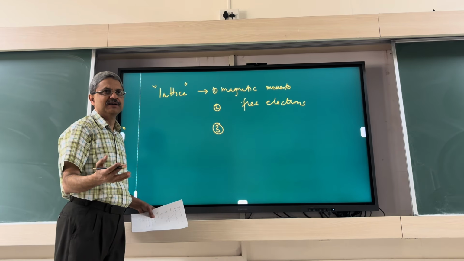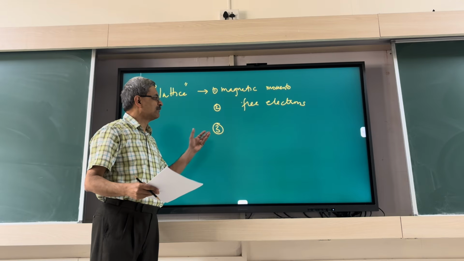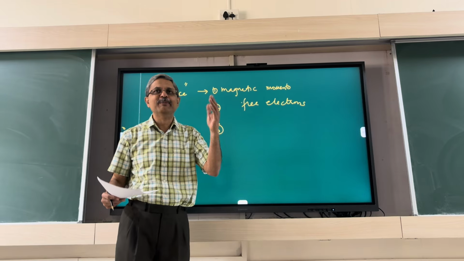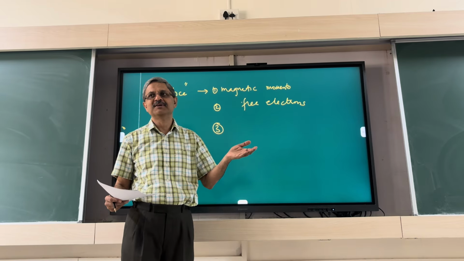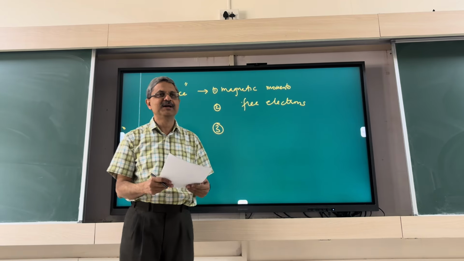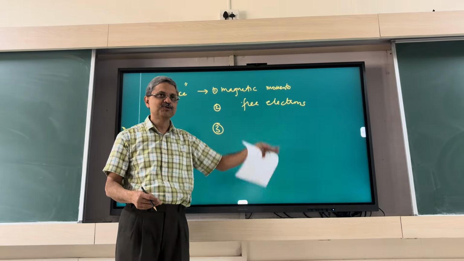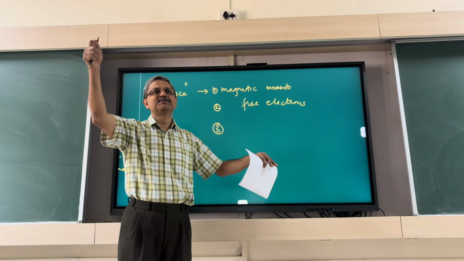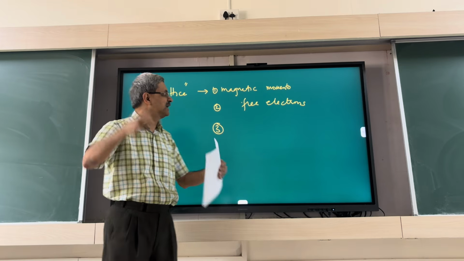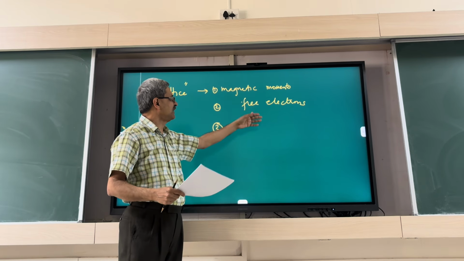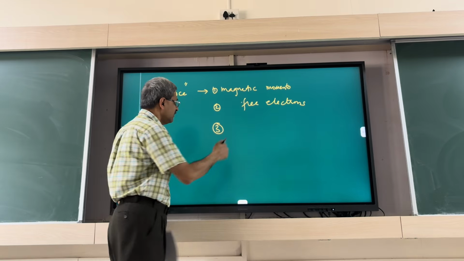You need some transition matrix element between the two, only then will you get the transition. You need the nuclear spin system to lose energy, but then something else must take up the energy. That can be the magnetic moments, the free electrons, or the actual lattice also.